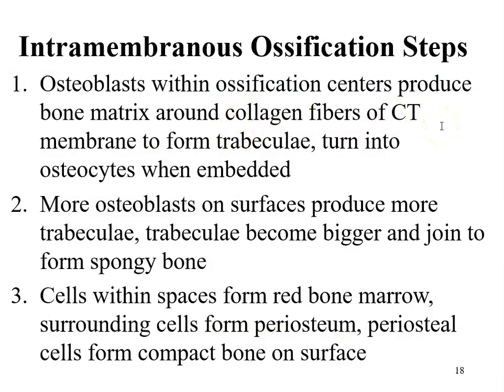Step 2, more osteoblasts on the surfaces of the trabeculae do what they do best. Lay down more bone tissue to build up trabeculae, and those trabeculae just grow and grow, join up with the trabeculae from other ossification centers to form spongy bone.